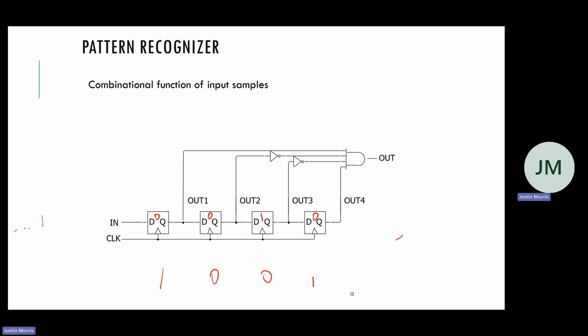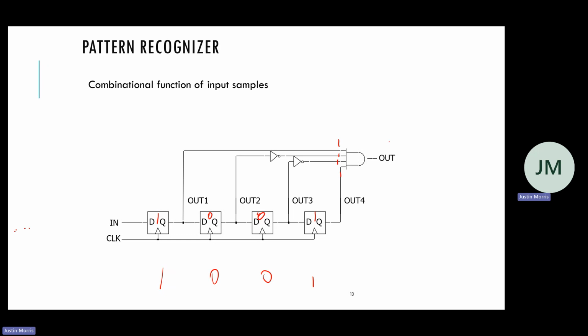So now I can do this evaluation. So 0 and 0 and 1 and 0. This is now 0. I've not seen my pattern, right? And that's right. But the next iteration, this becomes 1. This is 0. That 0 moves in here. This 1 moves in here. Now I have 1, 1, 1, 1 on this AND gate.